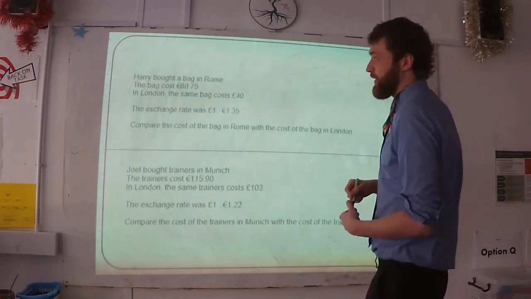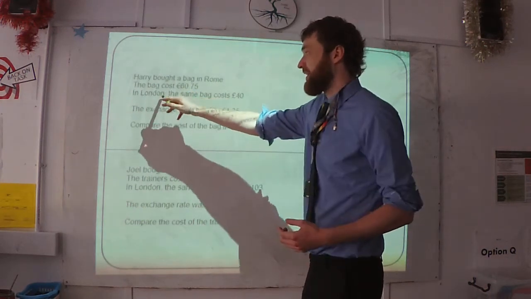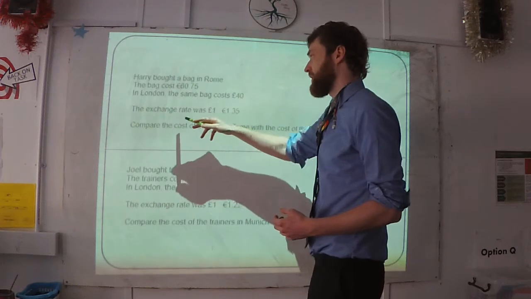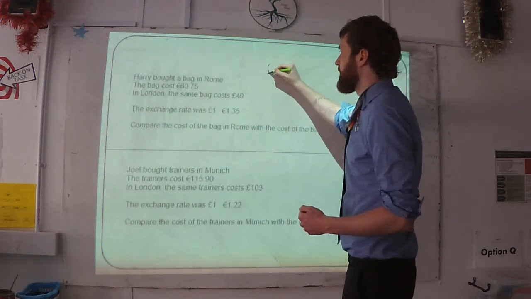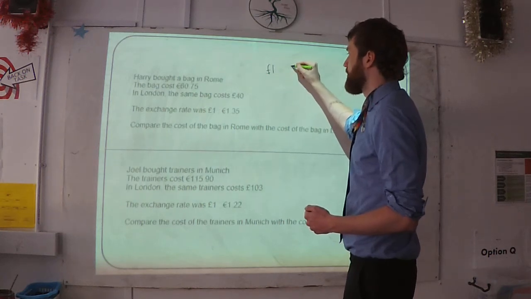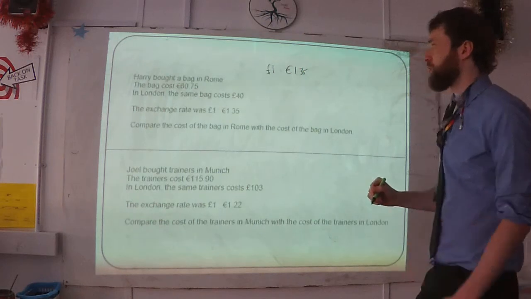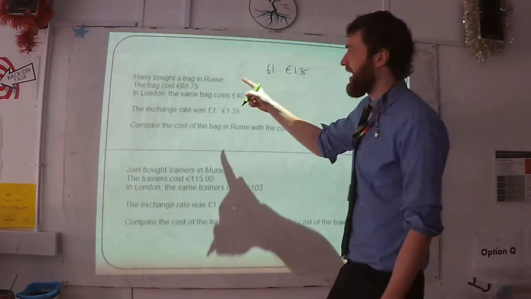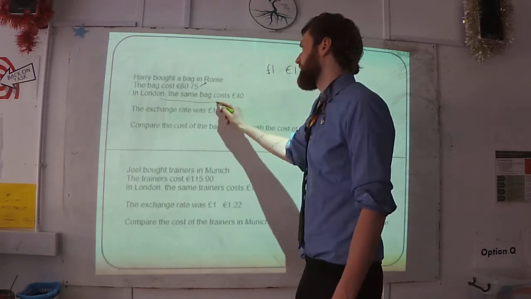So Harry bought a bag in Rome. The bag cost €60.75. In London, the same bag cost £40. The exchange rate is £1 to €1.35. Compare the cost. So what I'd do is say, okay, this is if I bought it in Rome, and this is if I bought it in London.